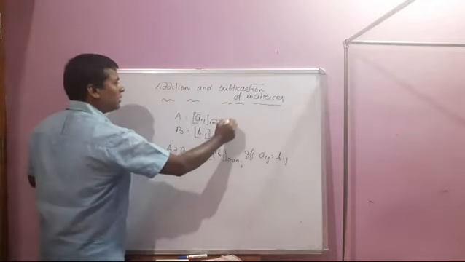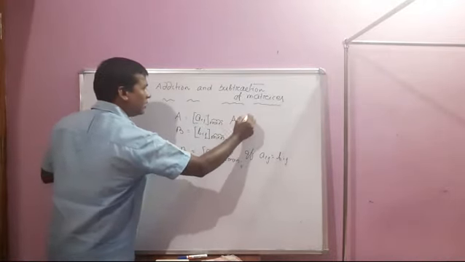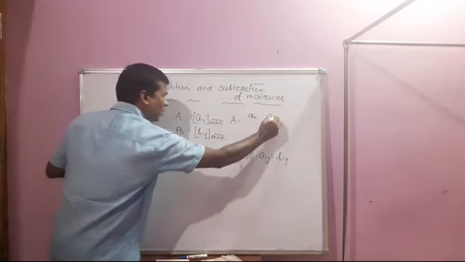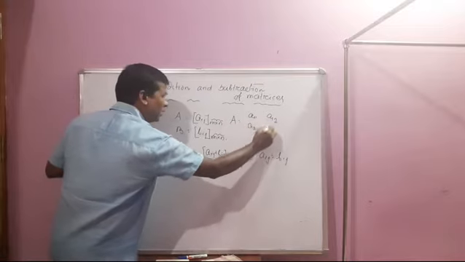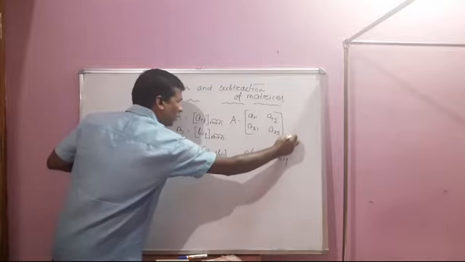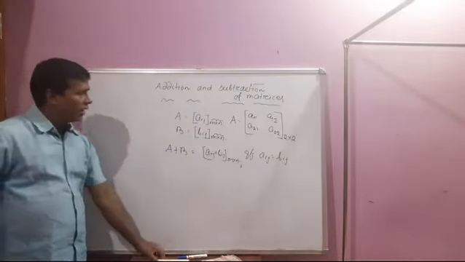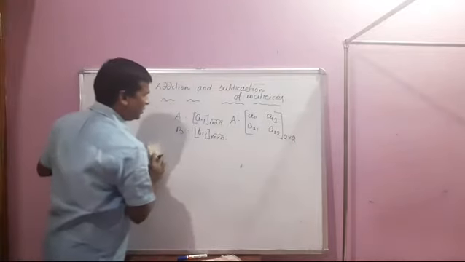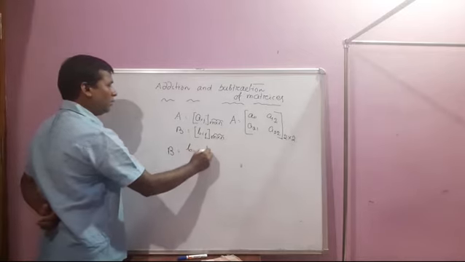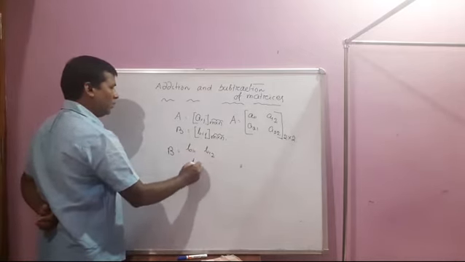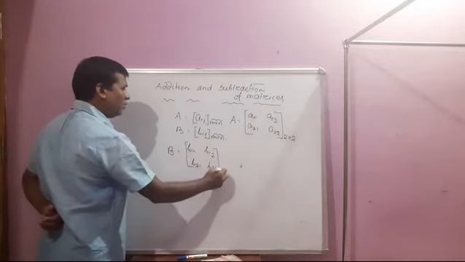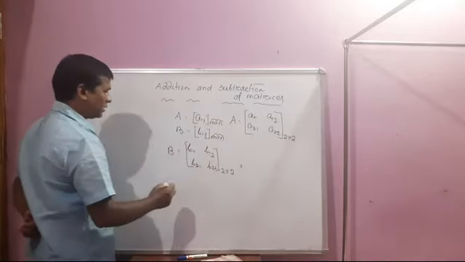Suppose A is a matrix with A11, A12, A21, A22, a 2 cross 2 order matrix. Another matrix B is equal to B11, B12, B21, B22, a 2 cross 2 order matrix.